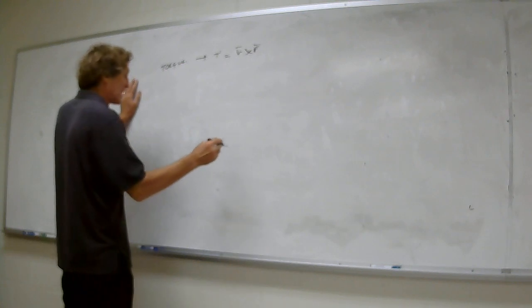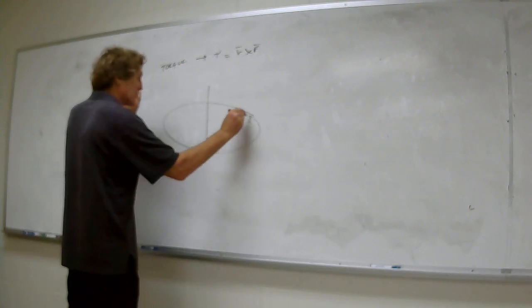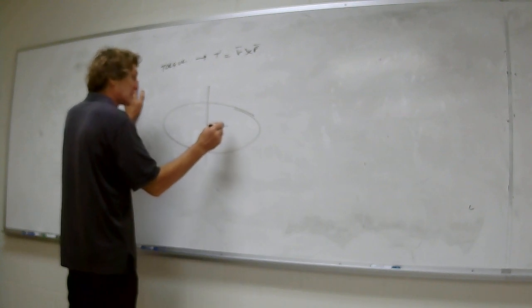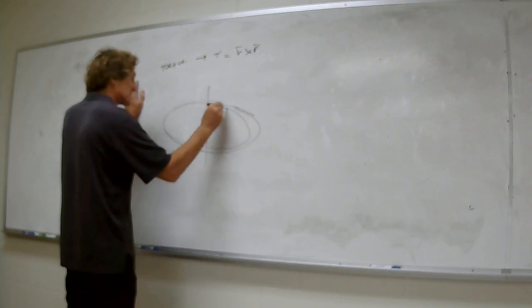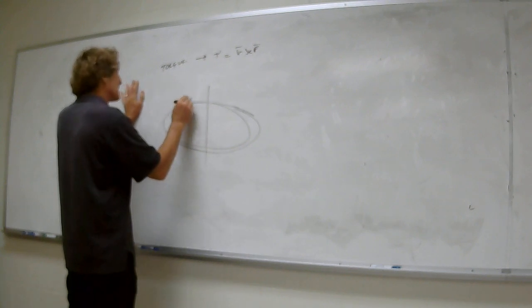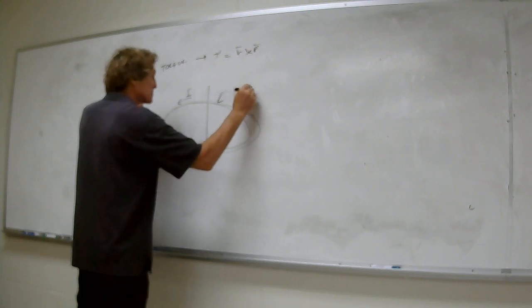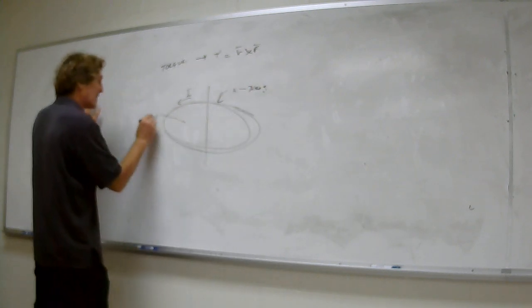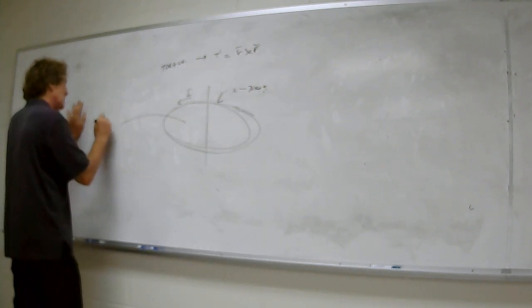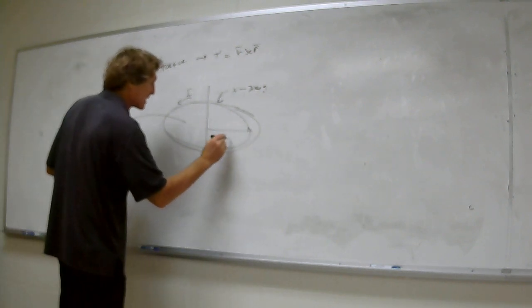Now, if we have a loop, and I'm just going to show you a typical kind of loop, the loop has N turns. Let's assume they're tightly wrapped, but we have a current I and we have N turns, and the area of the loop is just pi a squared, where a is the radius.